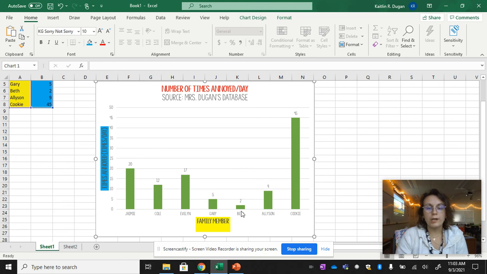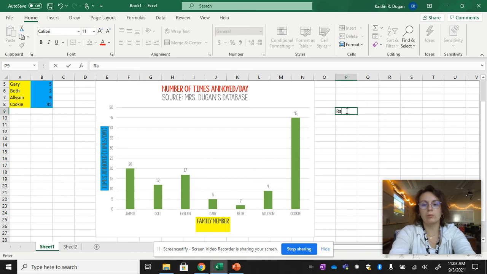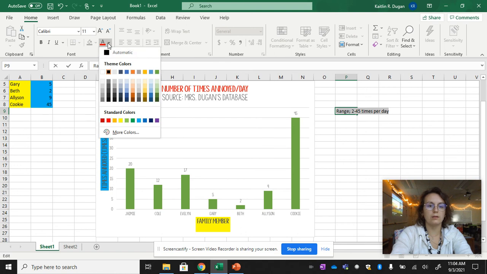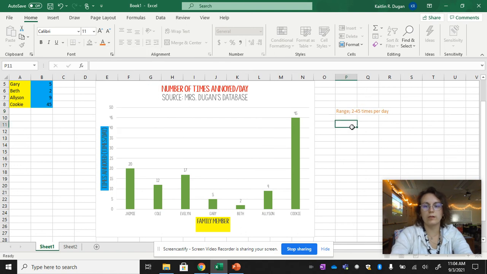So the range of our data would be 2 times per day to 45 times per day. So our range is 2 to 45 times per day. And I'm going to fill that in with, let's do orange. That's our range.